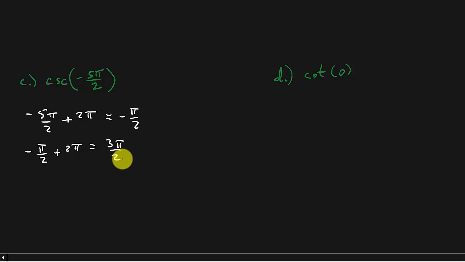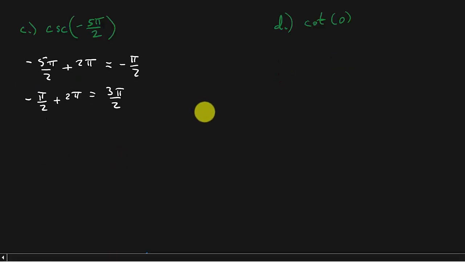Now, how can I do that? What have I done? I've used coterminal angles, okay? Remember that from earlier in the course? If you add 2 pi or 360 to an angle, they're coterminal angles. They have the same terminal side, okay?